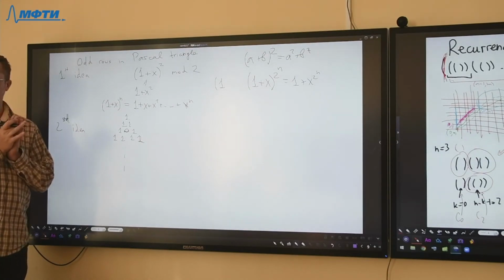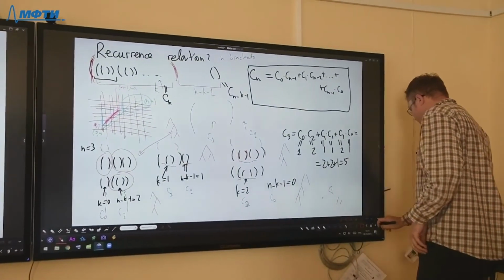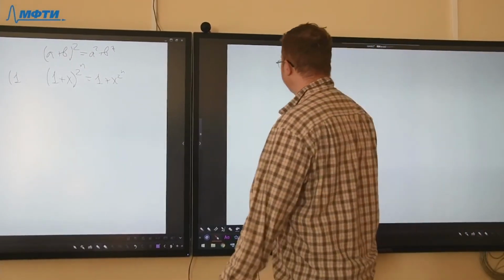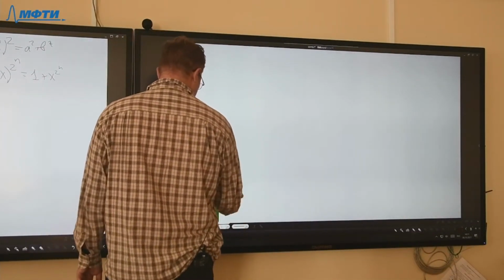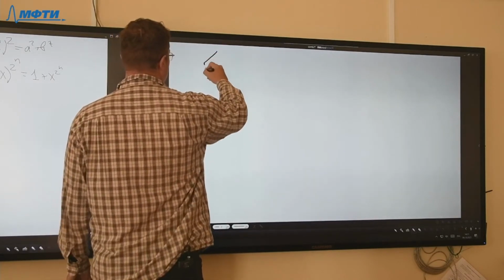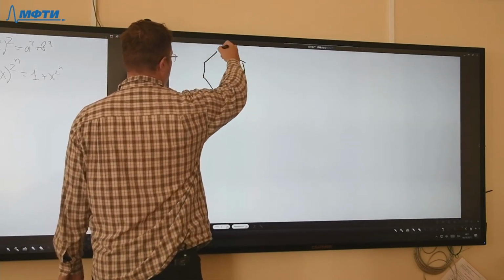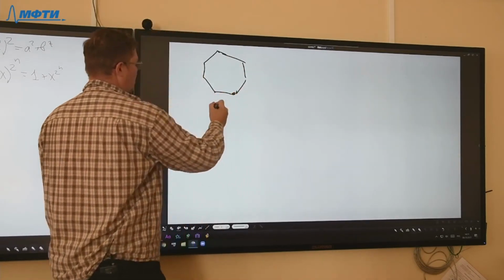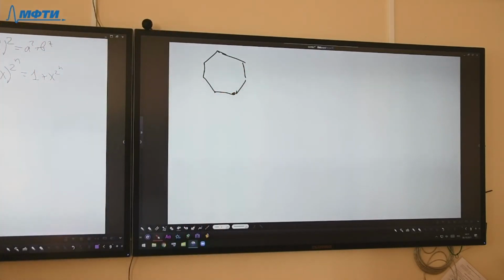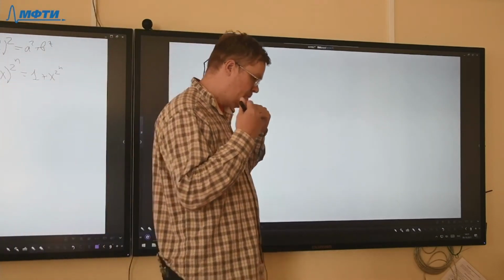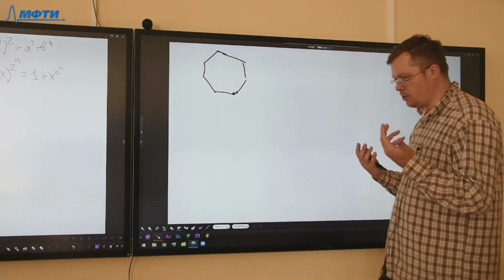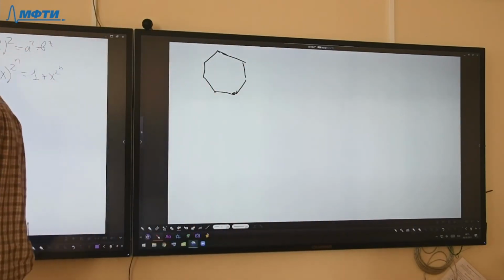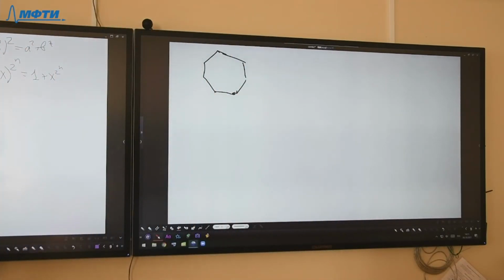Okay, so we stopped at the triangulation of a polygon, returning to the Catalan numbers. So we have a polygon, and again I want to use the same idea as in previous cases, where I try to describe my number of triangulations in terms of the number of triangulations of some parts of this polygon.